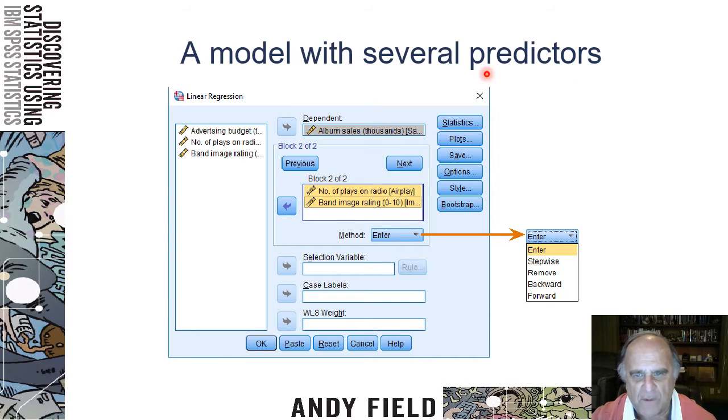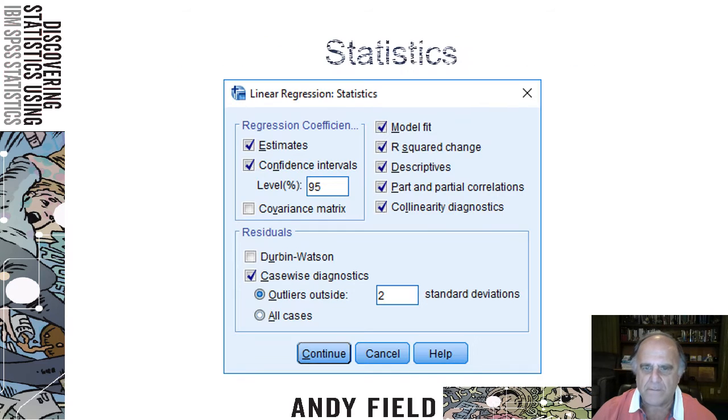And of course, we have a number of selections we can make right over here. Field pretty much selects most everything, and he makes use of all these things. We don't really have time to go through everything in this lecture format, but if you look in your book, he will explain all of these.